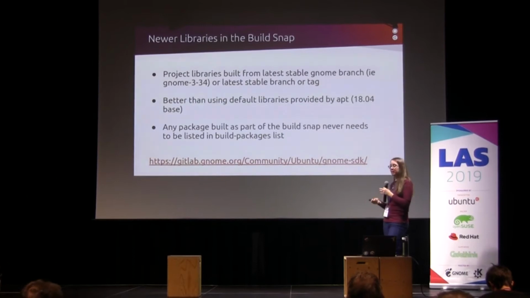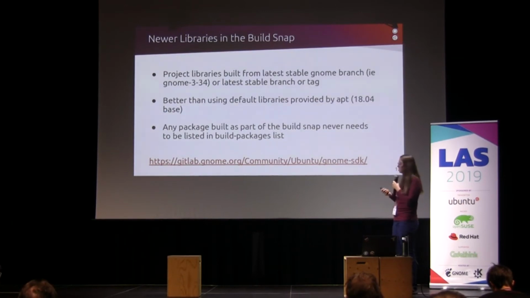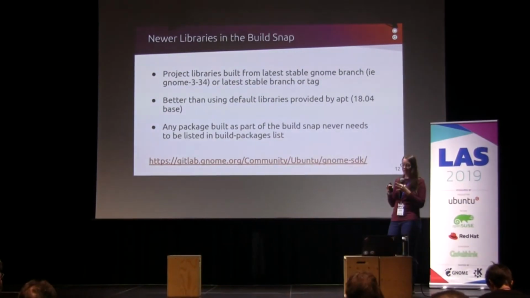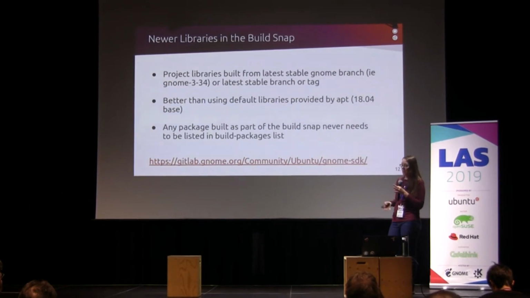This is better than using the default libraries in an old Ubuntu 18.04 base. And because of the build snap, all of those libraries are provided to any snap you build using an extension, so you don't have to list any of those packages in your snap. So you can thin it down that way too. And then this is the GitLab repo for the GNOME SDK, where there's a branch for the build snap and a branch for the platform snap.